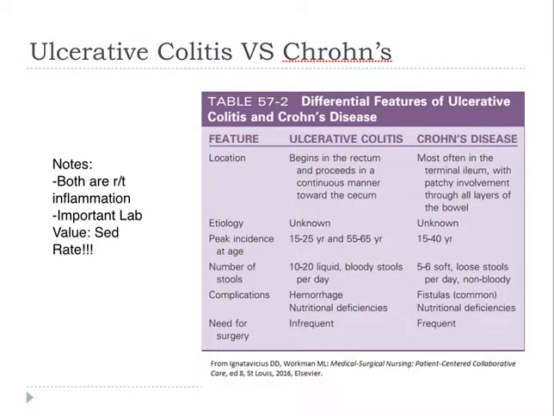So that brings us to some different conditions. A lot of times they're talked about hand in hand, so it's sometimes easier to talk about how they are different. Ulcerative colitis and Crohn's disease, both of them are related to inflammatory processes in the body.